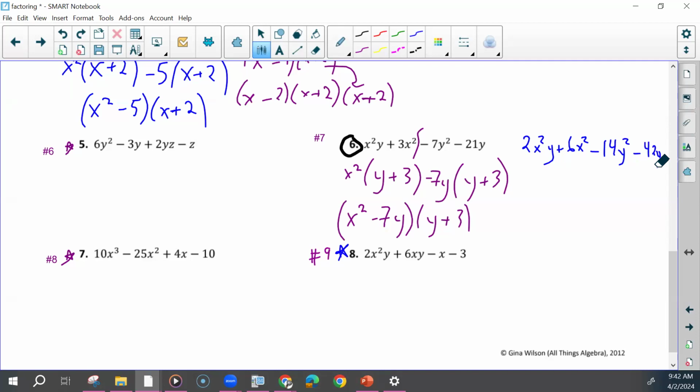And then we're going to do that just like normal. Split it down the middle, find the GCF of both sides. So what could I divide from these first two? 2x squared. What would be left?